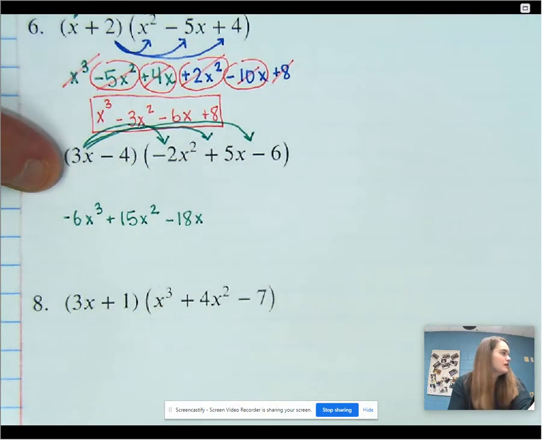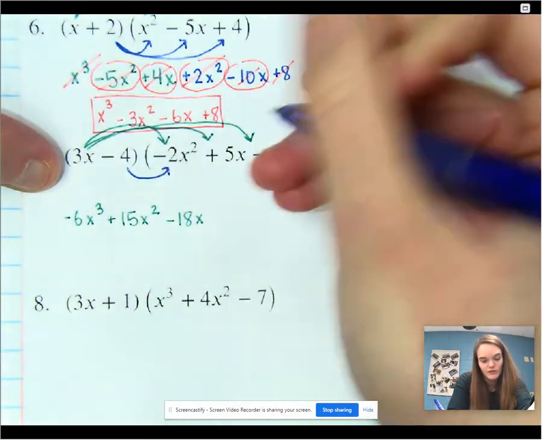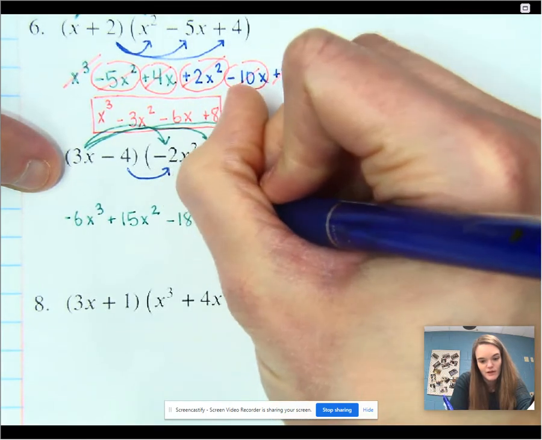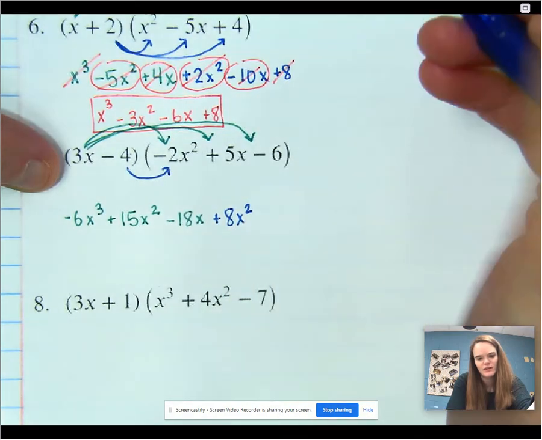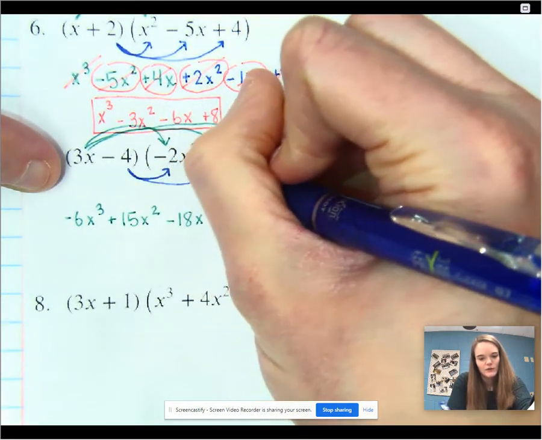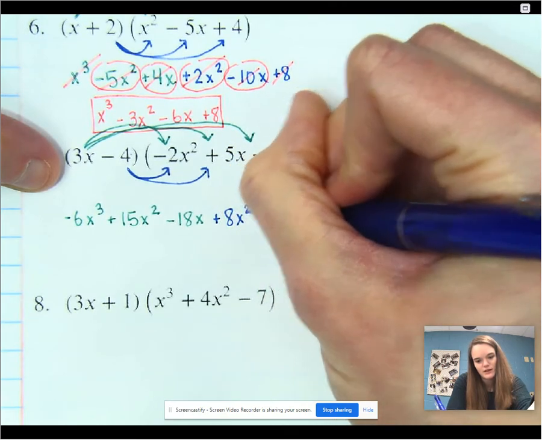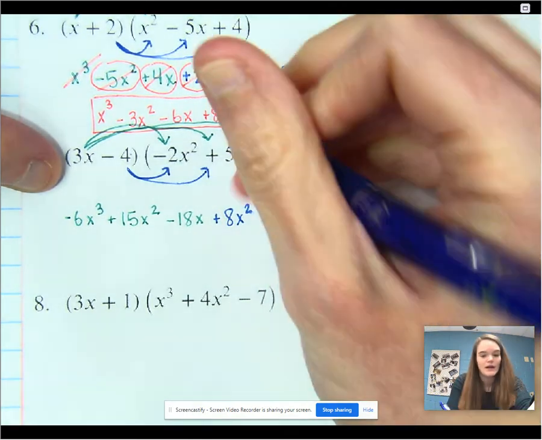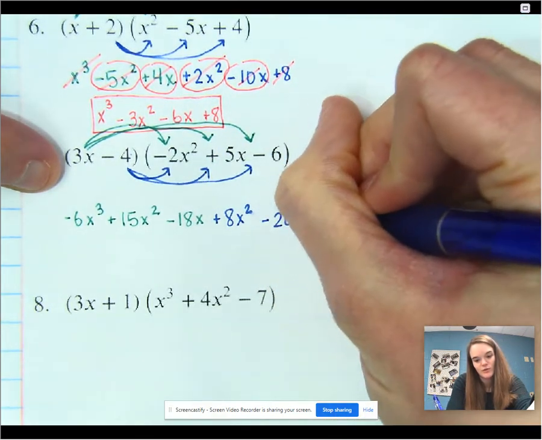Then we're going to multiply the negative 4 by everything. Negative 4 times negative 2x squared becomes positive 8x squared. Positive because negative times negative. Negative 4 times 5x becomes negative 20x. And negative 4 times negative 6 becomes positive 24.